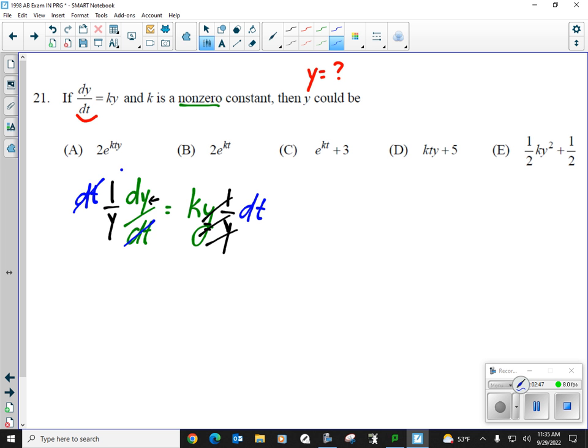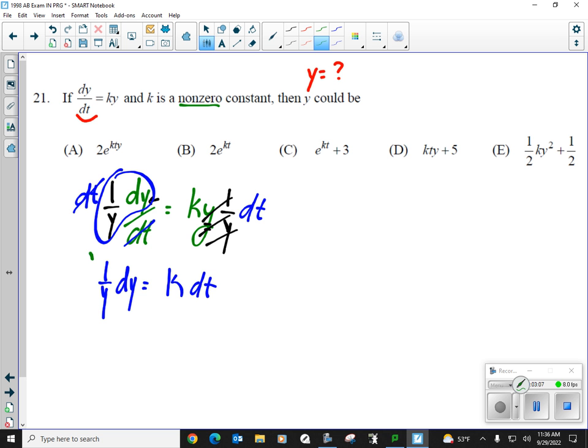What's left is 1 over y dy equals some constant dt. Okay? I need to integrate both of these. That's how I'm going to pull my y out.